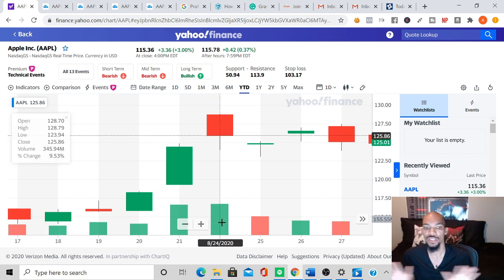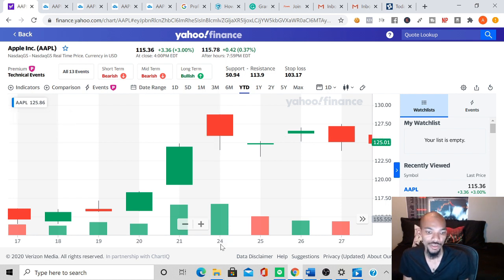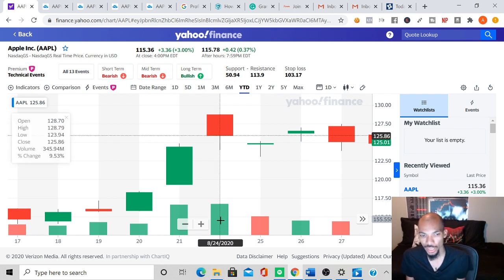That's why I normally don't pay attention to the volume color, because the only thing the volume tells you is the amount of trades that happen. If you're a beginner, paying attention to the color can really confuse you. But if you're just curious, it pretty much goes by the previous one.